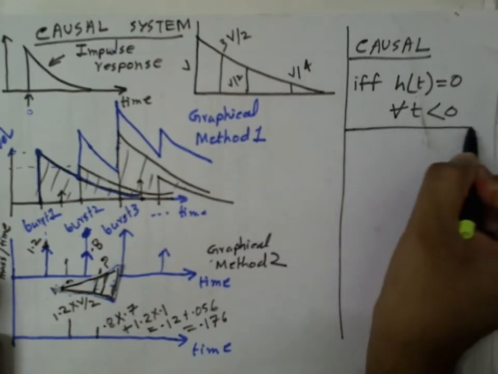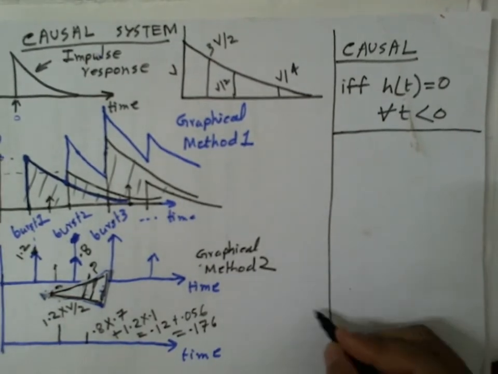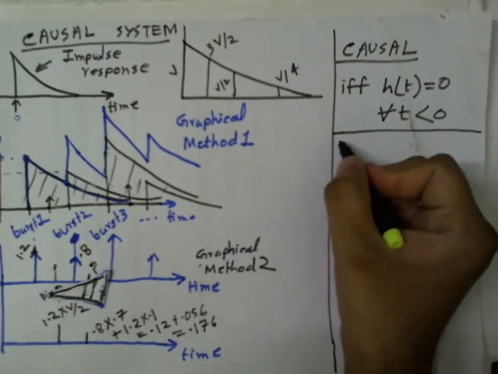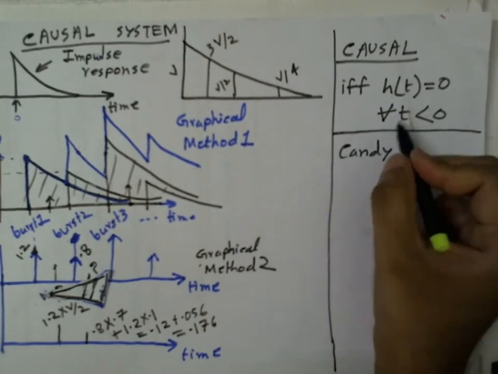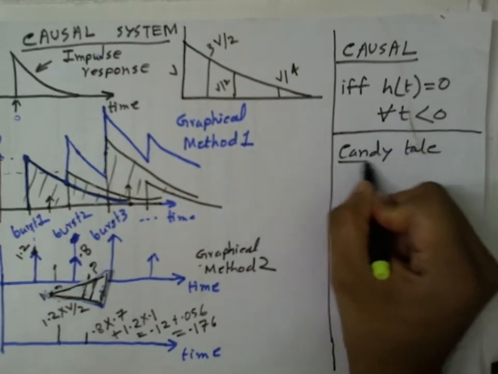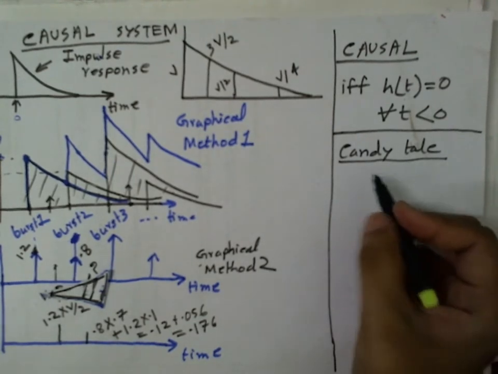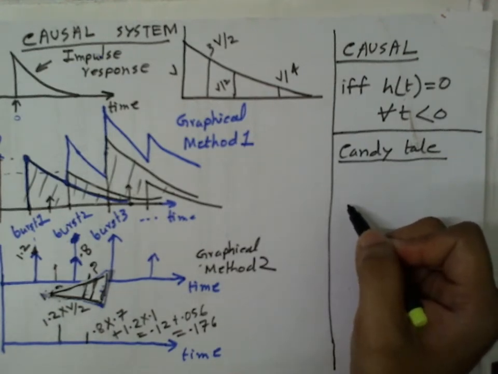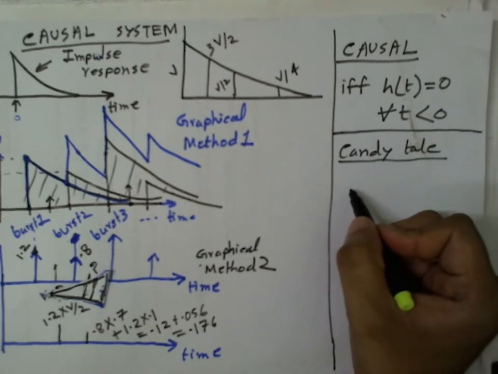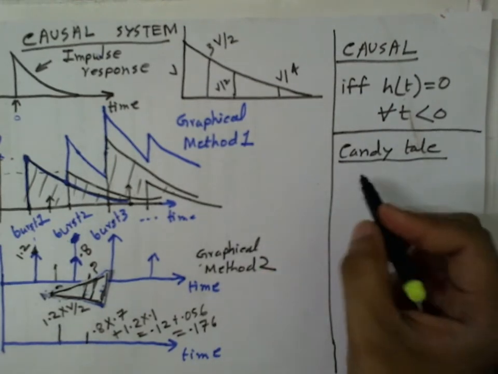Okay, but there can be exceptions. Let me give you a practical example. You probably remember the candy example that we discussed before. So what was it? It was an example of a discrete system where every Sunday I used to get some money from my parents, and then I used to buy some candies with that money, and I used to consume them in the days following the Sunday.